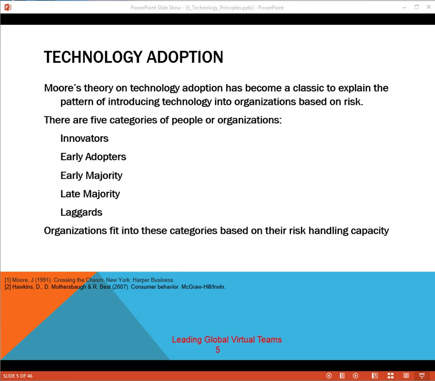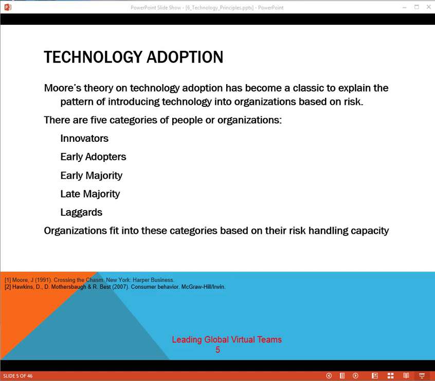There are 5 categories of people or organizations: innovators, early adopters, early majority, late majority, and laggards. Organizations fit into these categories based on their risk handling capacity.